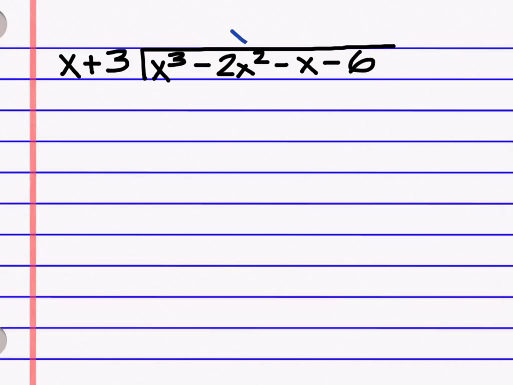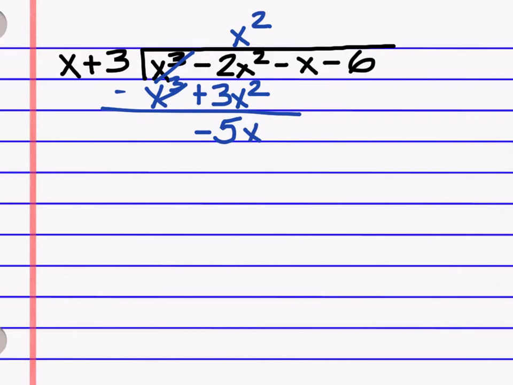All right, so we're going to need an x squared to get x to the third here, and then also a plus 3x squared. When we subtract, these are gone, and negative 2 minus 3, that's a negative 5x squared. We're going to need minus 5x here times this to get a negative 5x squared. Don't forget to drop down your minus x.